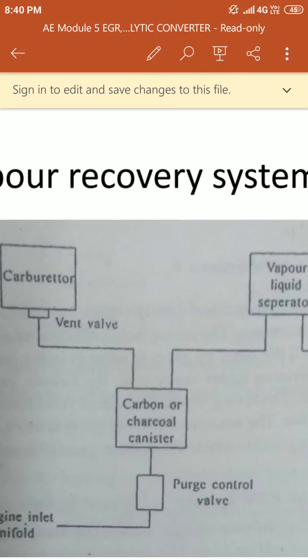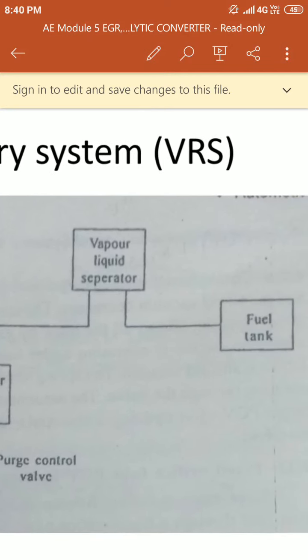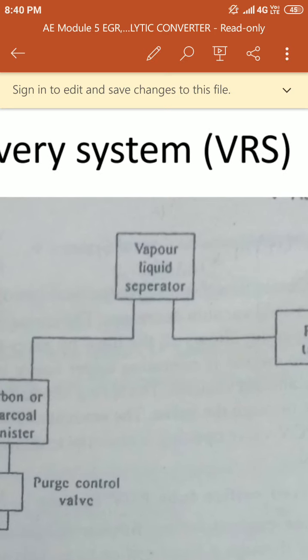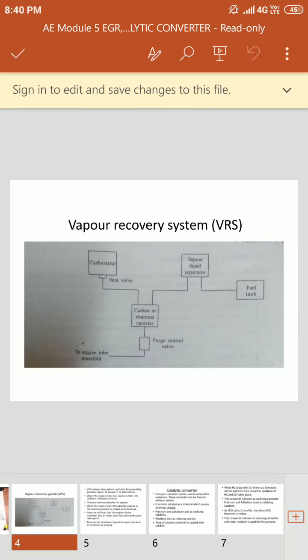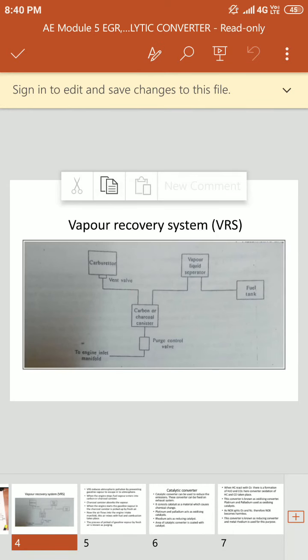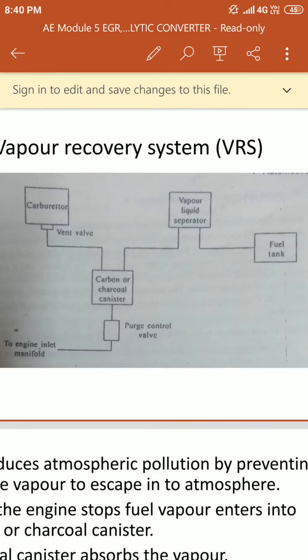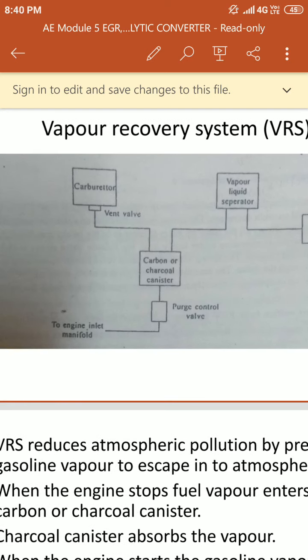The carburetor is connected to the carbon or charcoal canister. The fuel tank is connected to the vapor liquid separator. The function of the vapor liquid separator, as the name indicates, is to separate the vapor and liquid.